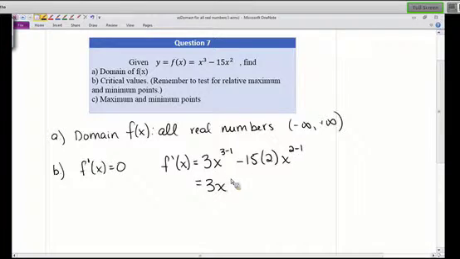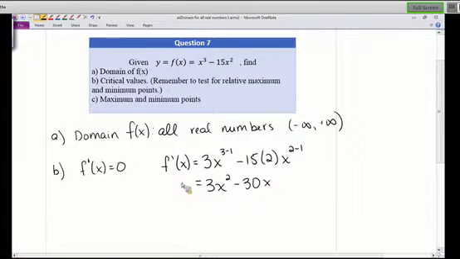We're going to get 3x squared minus 15 times 2 will give us 30, x to the power of 1, because 2 minus 1 is 1, but we don't have to put the 1 there. So our derivative is going to be 3x squared minus 30x. Any questions as to how we get the derivative? You're just using the power rule.